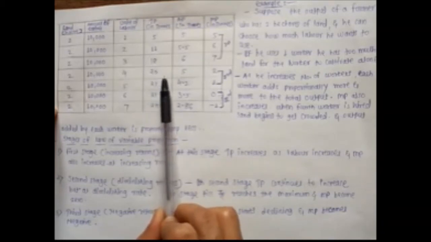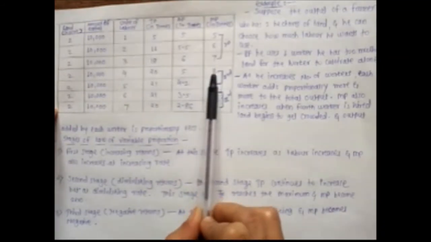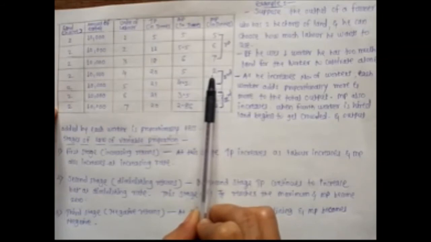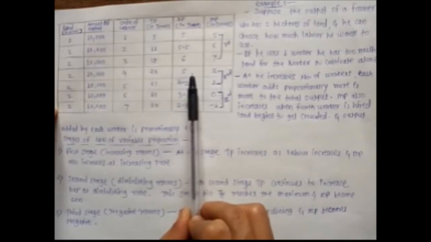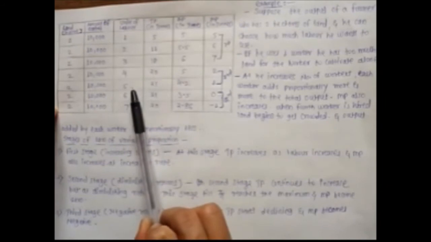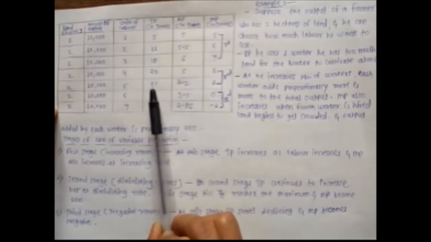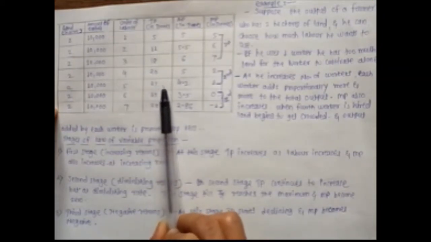But the marginal product declines, it becomes 2 tons, and the average product also decreases to 5 tons. When the fifth unit of labor is used, the total product increases to 21 tons.